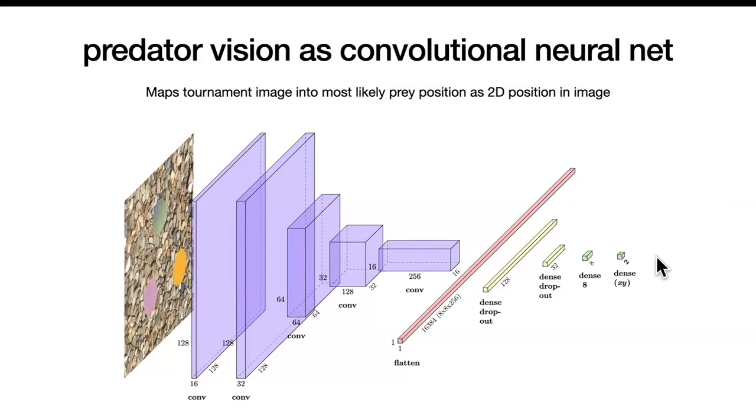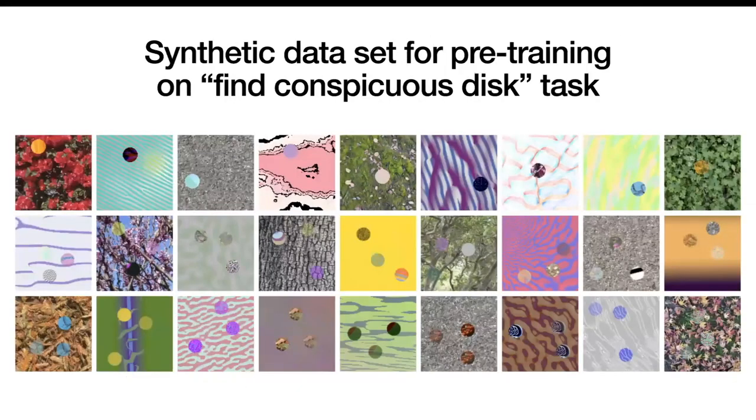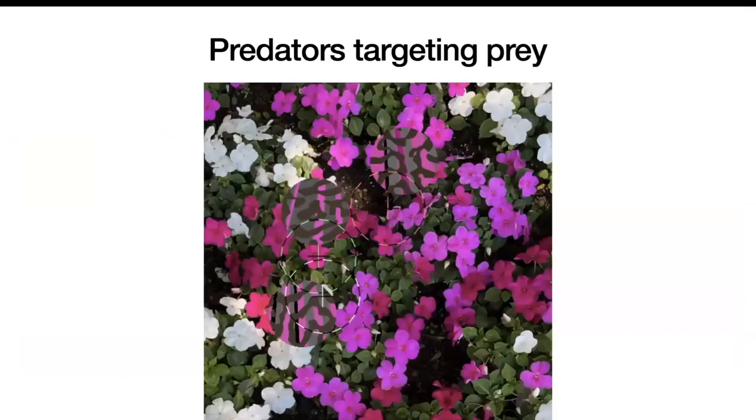So the predator looks at an image and says, here on the image, that's my guess of where the prey probably is. I won't say much about this, but this is what I use for pre-training. It's a synthetic database of random spots on random backgrounds. Okay. And then this is a close-up of one of those, but let me draw back for just a second.